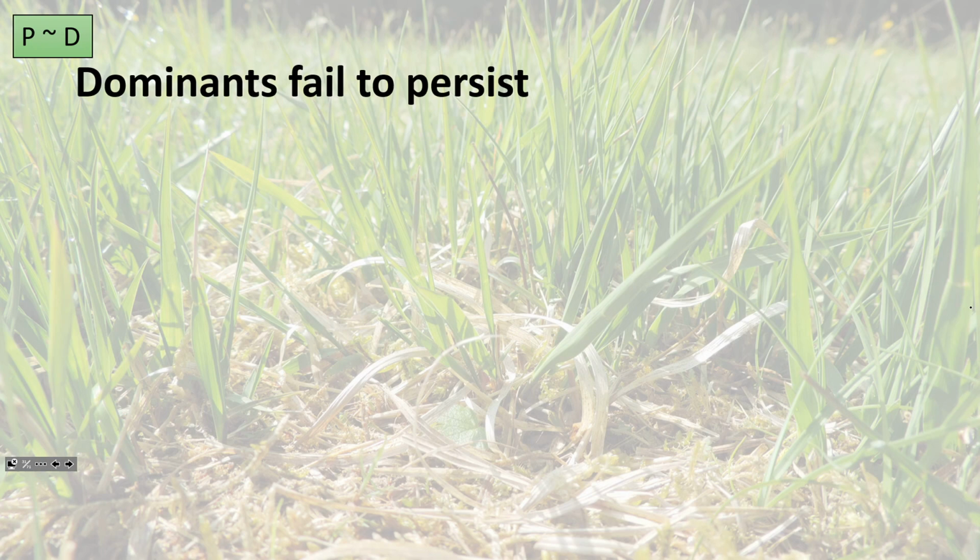Another issue, and from my point of view the most important one, is that many dominants fail to persist. If you sow species from some species pool and pick them randomly, many of them simply fail because they are not used to being alone, or how to say it.